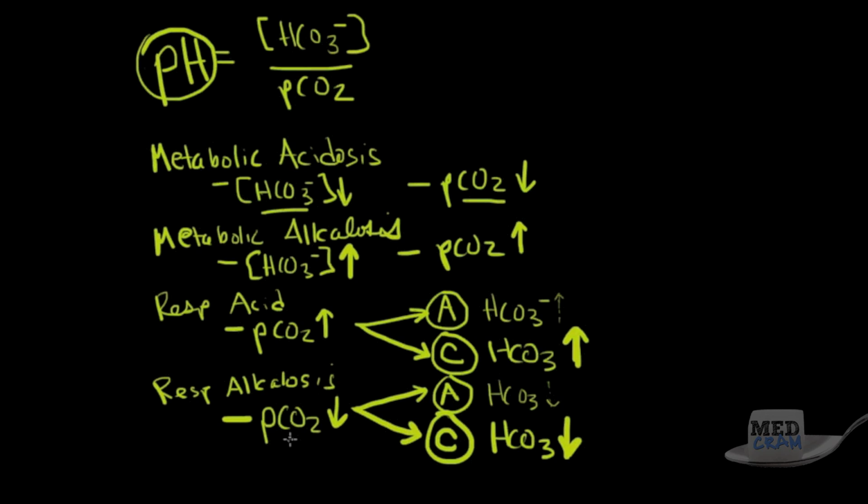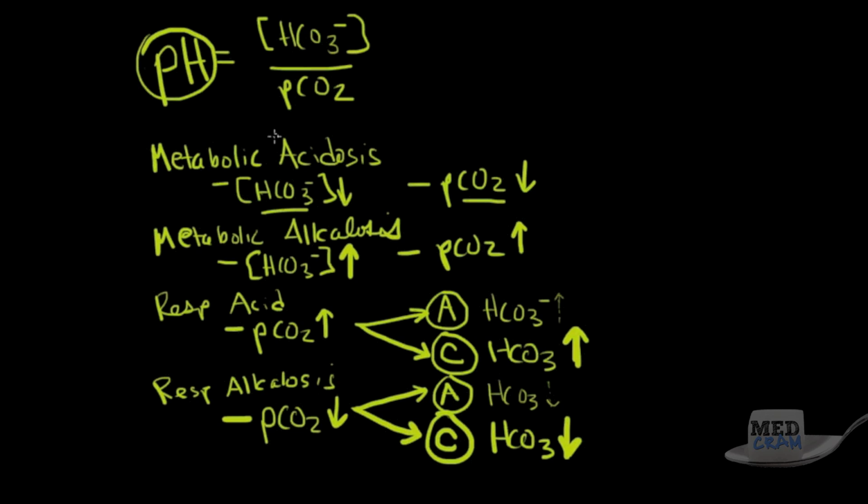In a respiratory alkalosis, the PCO2 goes down, so you're going to have a more alkalemic state. Why? Because in the acute situation, the bicarb doesn't have a chance to dump that bicarb. The alkalemia is going to become less severe in the chronic state because the kidney then has a chance to dump the bicarb.